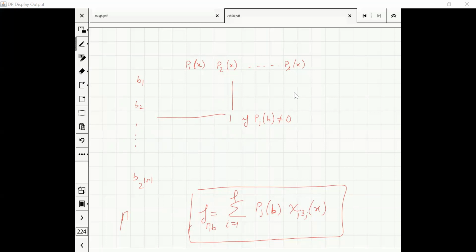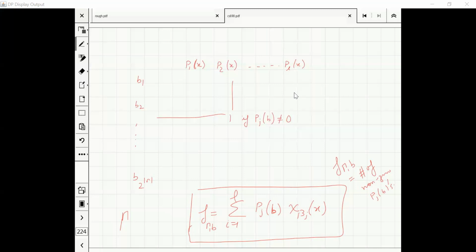Now, what is the sparsity of f gamma b? L? No, the number of non-zero PjBs, right? By definition. When I put b in this polynomial, some of the polynomials will go to 0, some will not become 0.